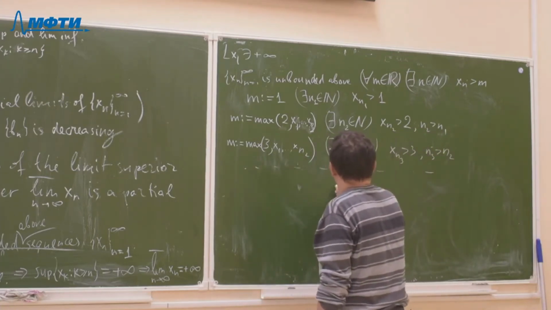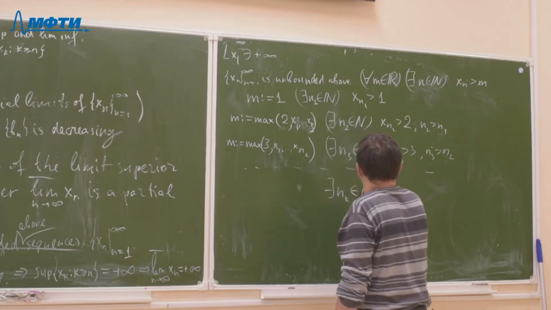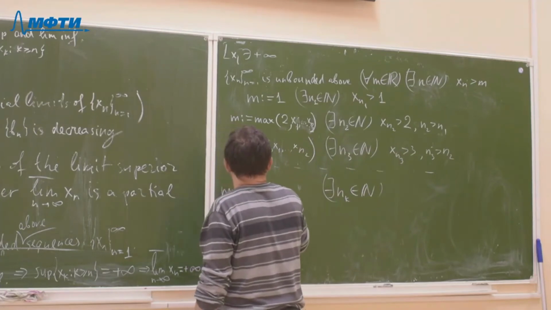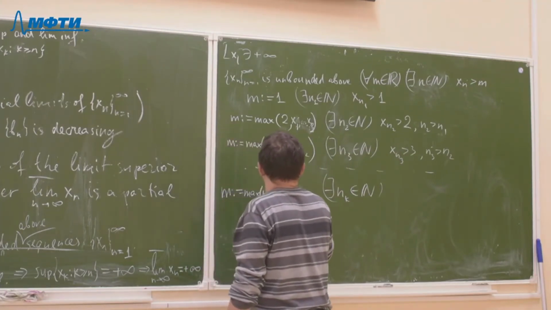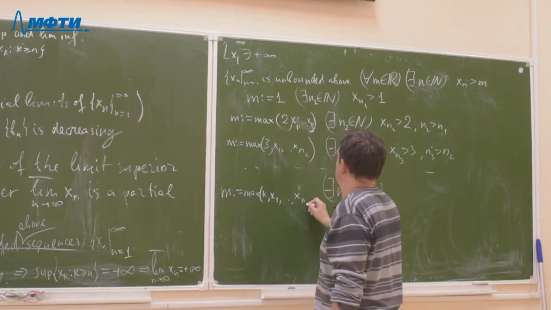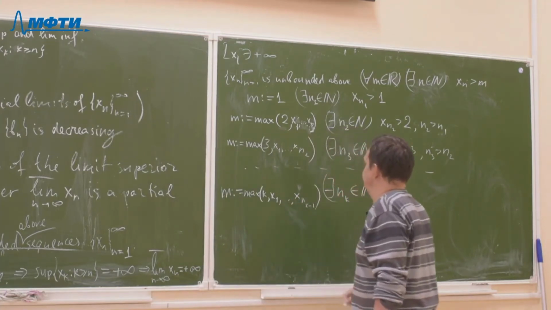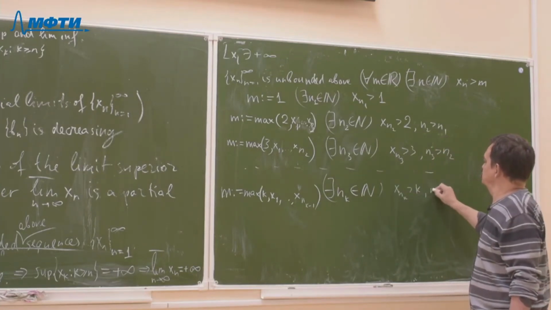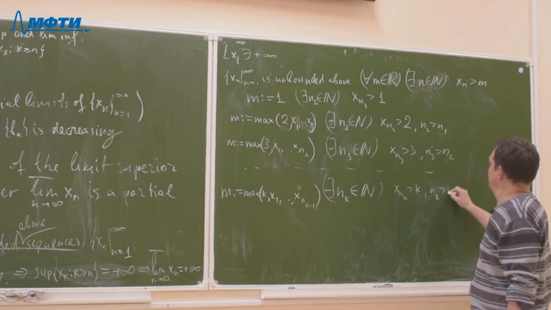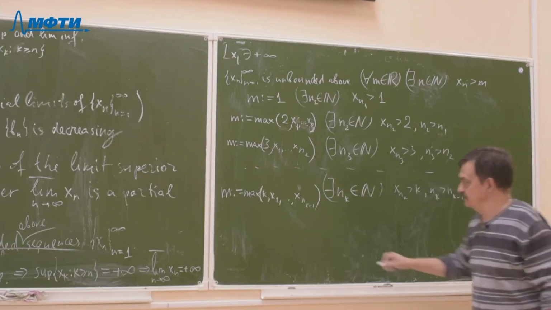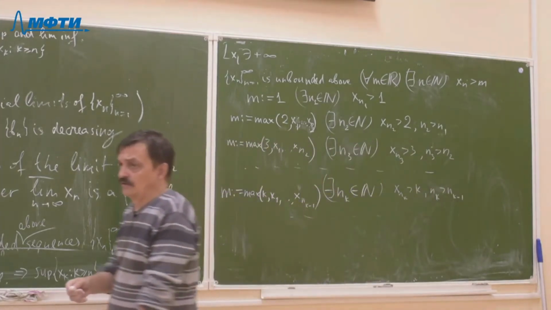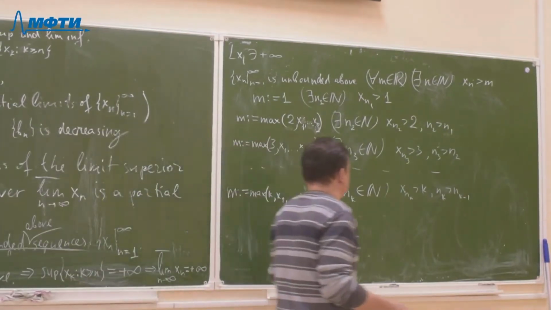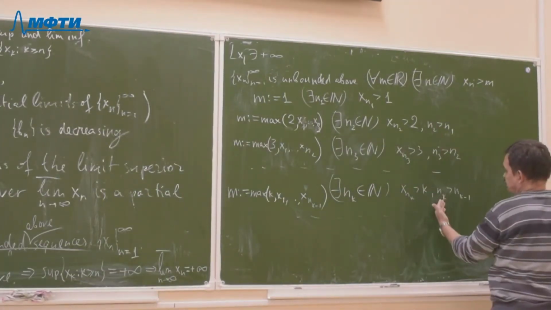So we have n_k natural, if we choose the maximum of k, x_1, and so on up to x_(n_(k-1)), and x_(n_k) is greater than k, and simultaneously n_k is greater than n_(k-1). So we have constructed an increasing sequence of natural numbers.